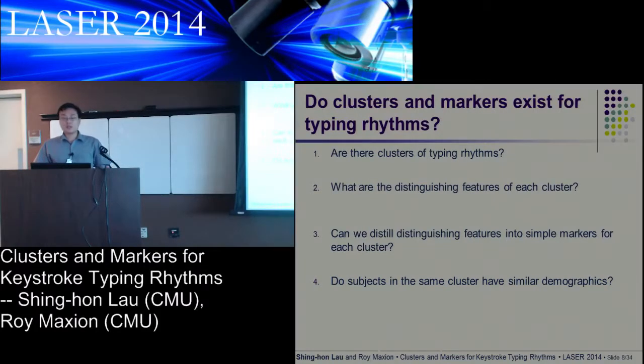I would say that the reason we did that is a little bit because of the tools that we had available to us, but also because just because we identify something as a marker doesn't mean that there's not other things about that cluster that are also interesting. They may not be completely unique to that cluster, but they're interesting nonetheless. And so that's why we have this intermediate step between, okay, are there these distinguishing features, and now can we distill this down into a marker?